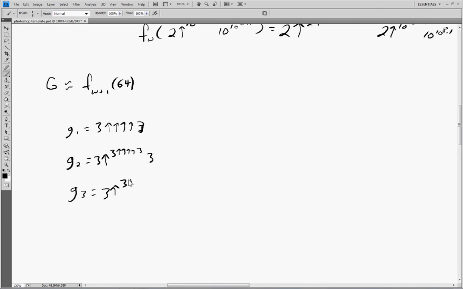So we end up with this kind of nested up arrow notation here. And then eventually, with G64, we're going to have 64 layers of this kind of nested up arrow notation. And this number of layers is really the power of the function. This is where the main value of the function comes from.